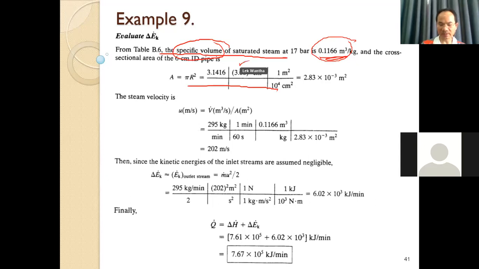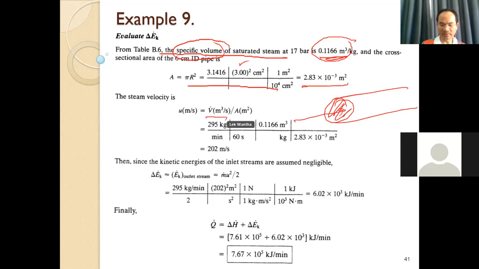This is the cross-sectional area of the pipe in the flow direction. You divide the volumetric flow rate by the area, and you get this term.